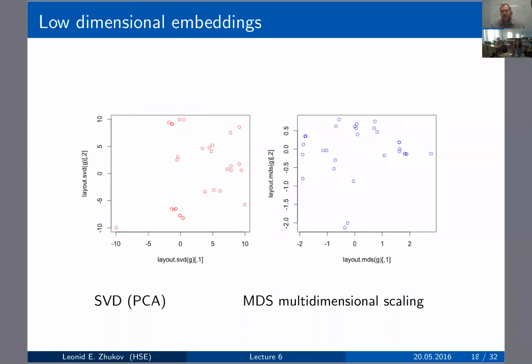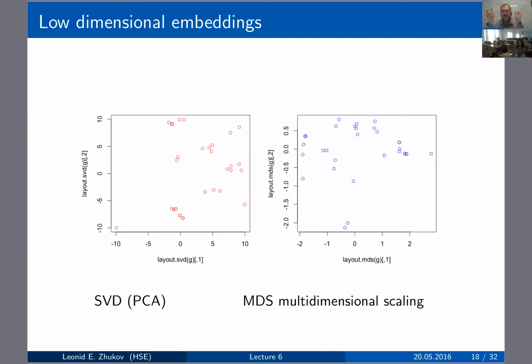Another example, a little bit more advanced. There are various types of approaches where you take the graph, think about the graph as a matrix, the adjacency matrix, and then run various types of analysis on the matrix, trying to convert that into coordinates. One example is taking the matrix and doing principal component analysis or singular value decomposition on it.